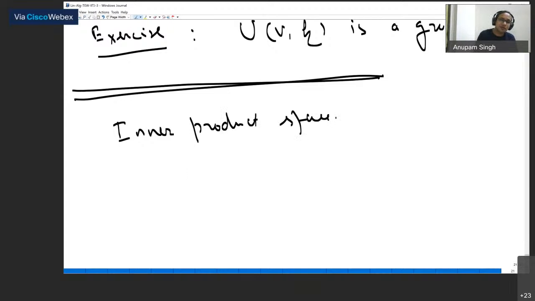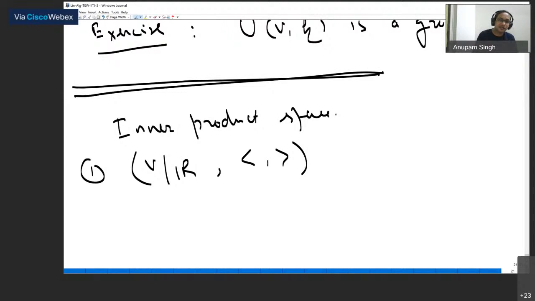then we have V over the reals, and I have the inner product which I defined earlier. And the second situation is when V is over the complex numbers, I have this inner product space which comes from a Hermitian form.